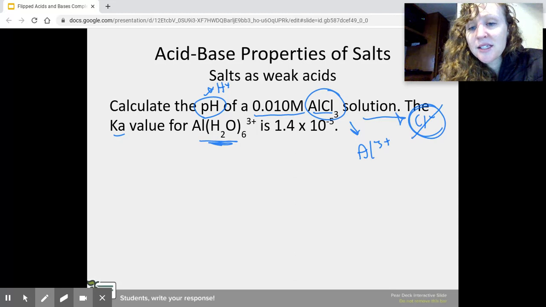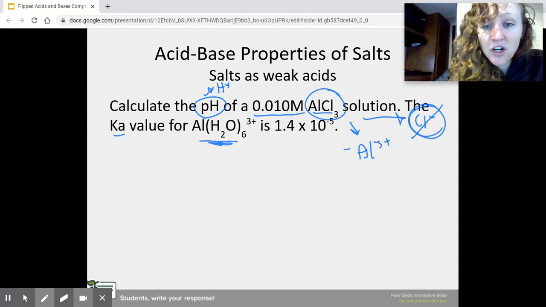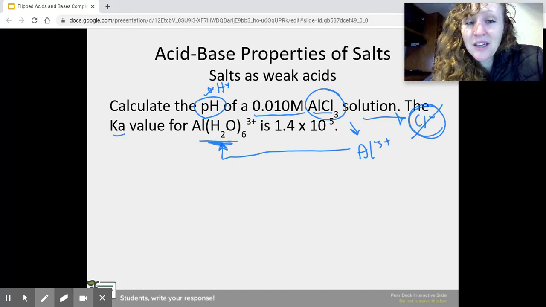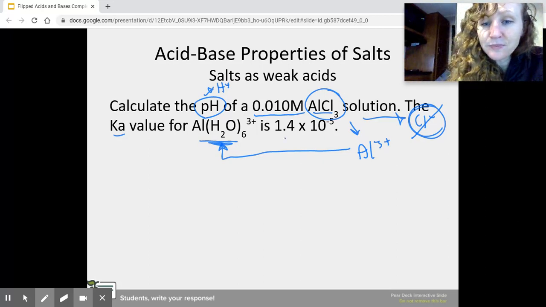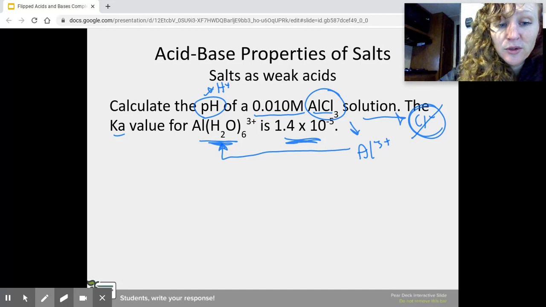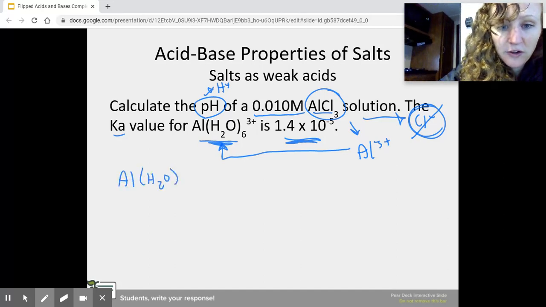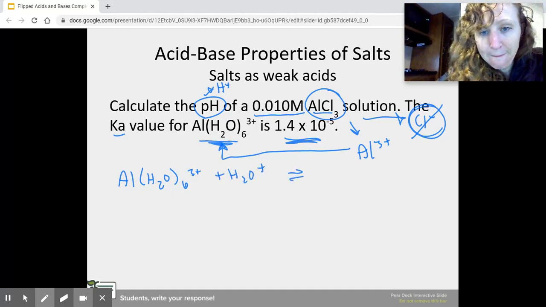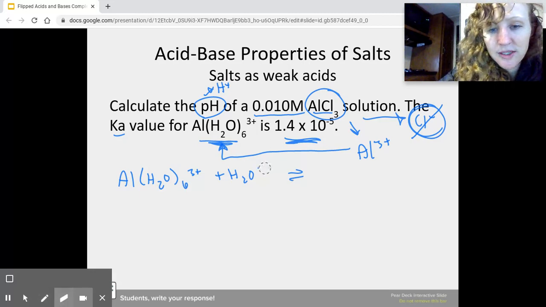Now Al3 plus is going to complex with water and turn into this beast, which in this problem, they give you a hint that that's going to happen by giving you the Ka value of it. And as we can see, that's a weak acid. So we're going to write our equation for this. Oh, water is not charged.